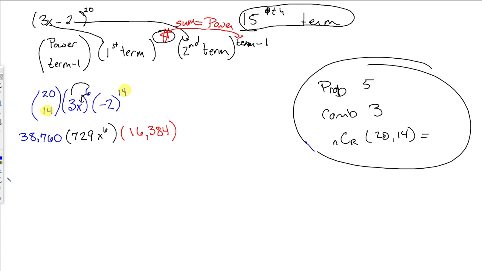So what am I going to do with my numbers? What am I going to do with these 3 things to find my answer? What operation? They're being multiplied, so I'm going to multiply them.